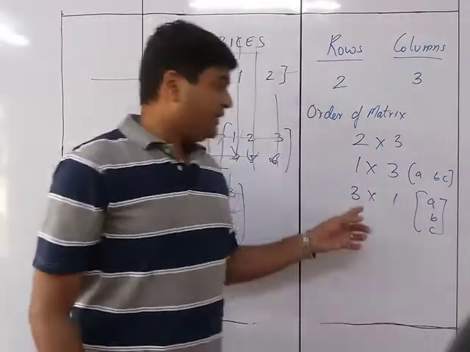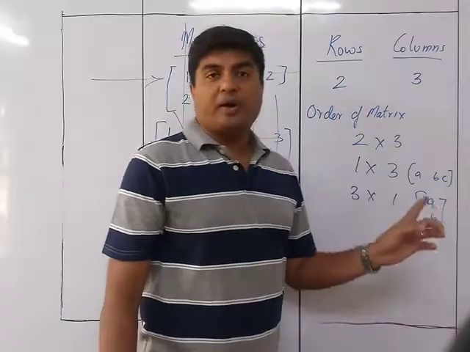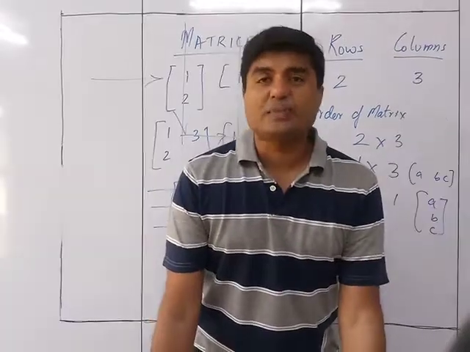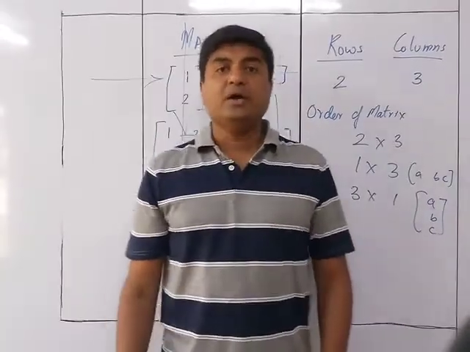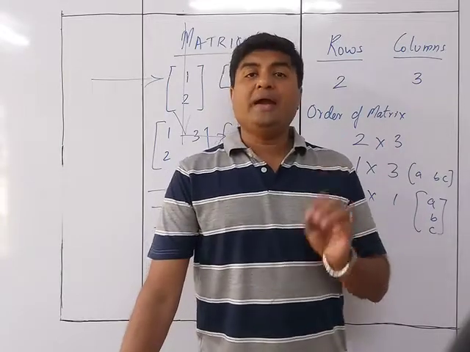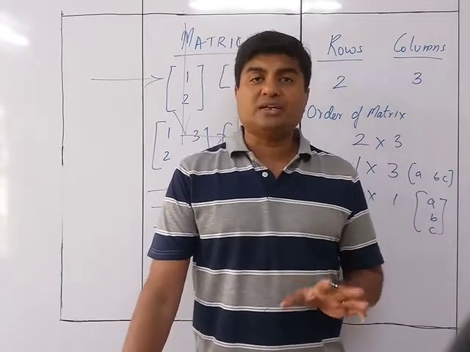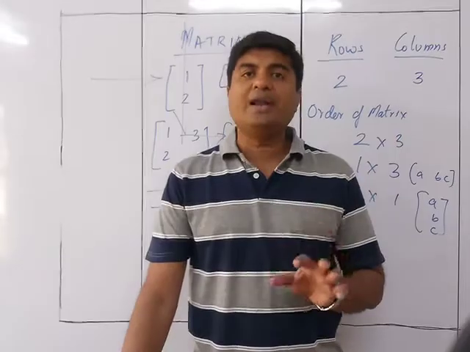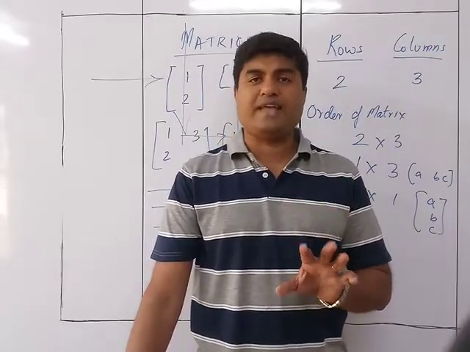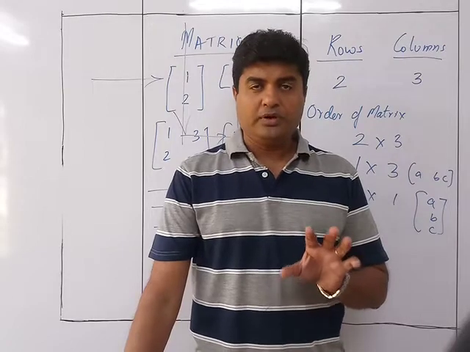That is important because when we are doing the addition or subtraction of matrices, we need to know this, because matrix addition and subtraction is possible only and only if the order of both matrices is the same. Did you get this?